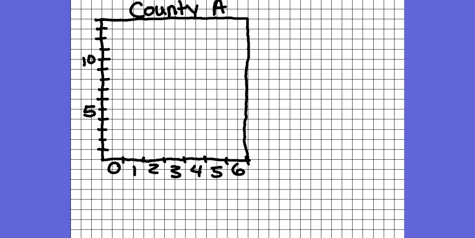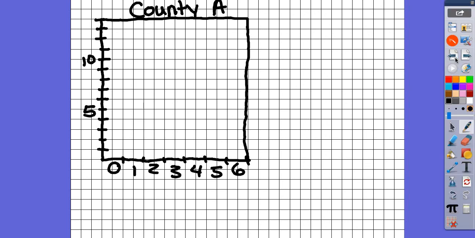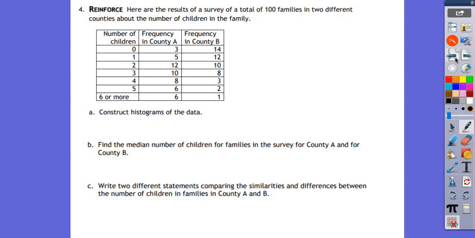Is it necessary to number all the tick marks? No, if I label 5, I probably can figure out what the other ones are. Alright, so looking back at my frequency table, number of children for 0 for County A, how many do we have?